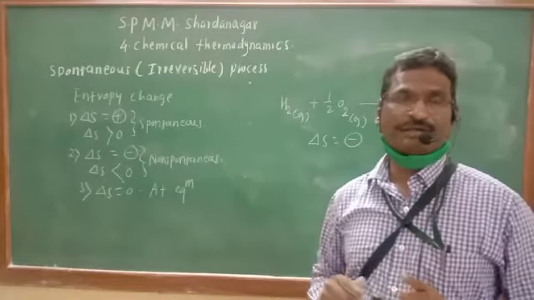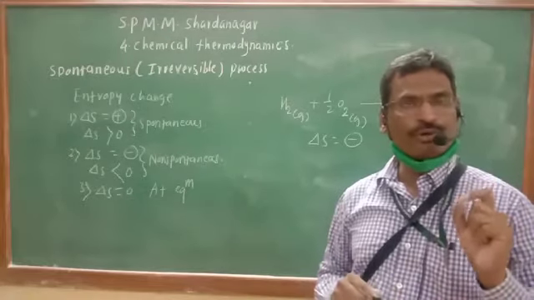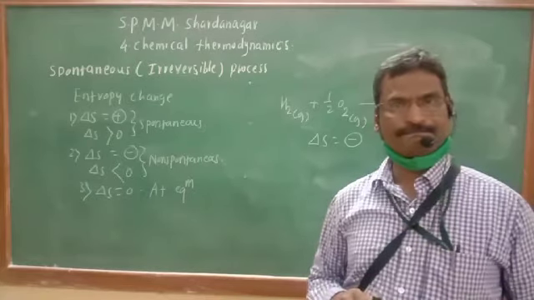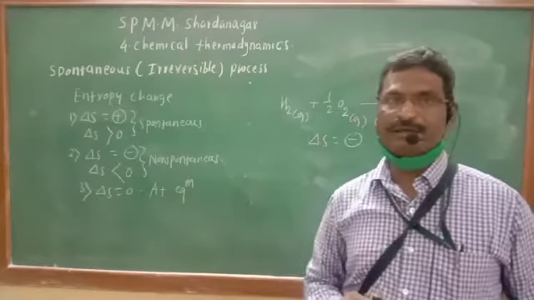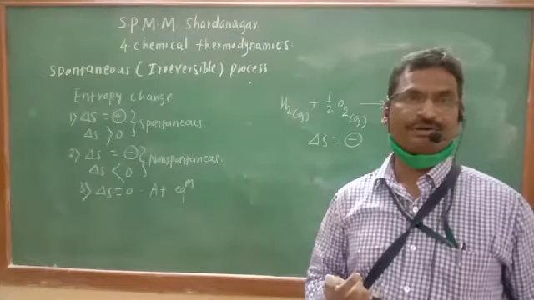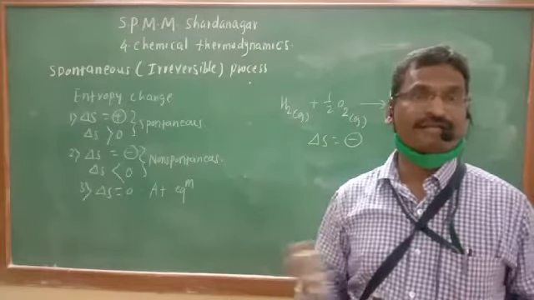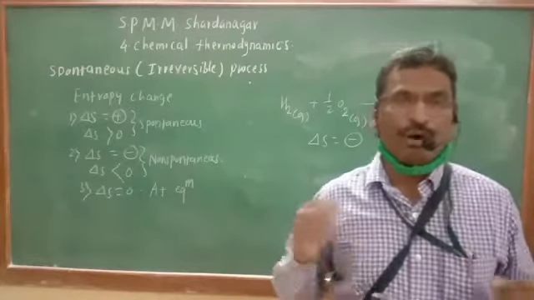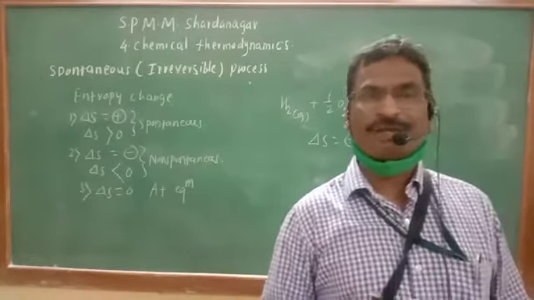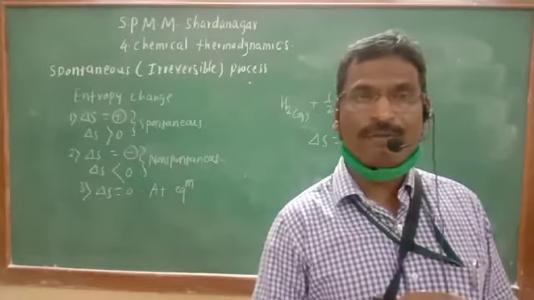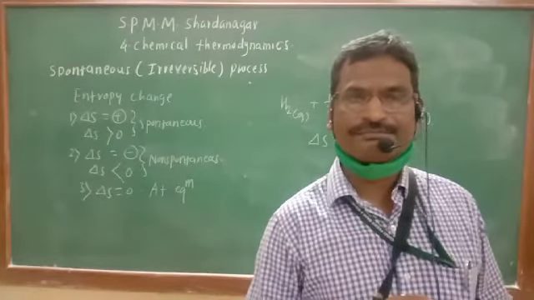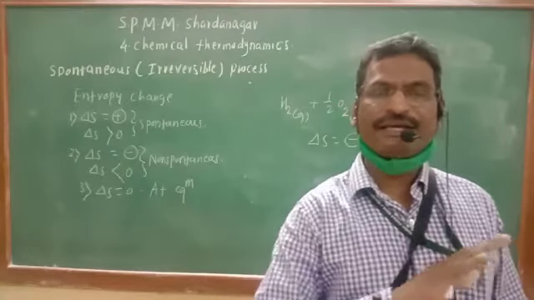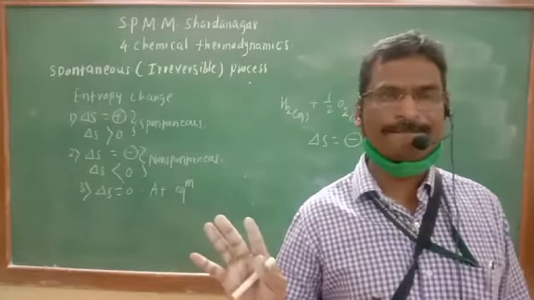But there are some examples. I have told you the conversion of ice to liquid is endothermic, and that must be non-spontaneous. That should be a non-naturally occurring process. But that is also a naturally occurring process. Why that is a naturally occurring process cannot be explained with the help of exothermicity. Therefore, the concept of exothermicity is not a sufficient criterion.